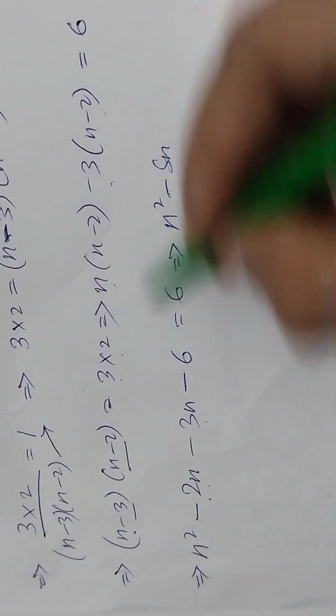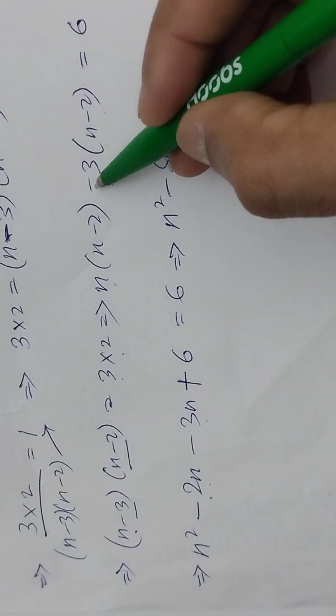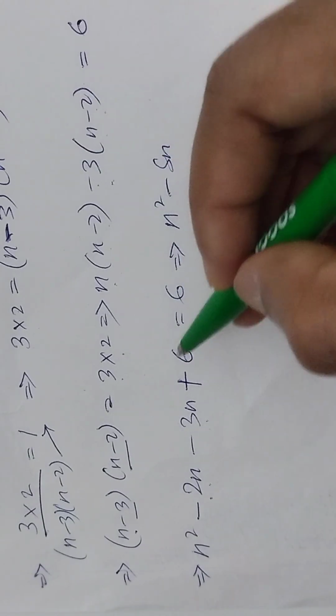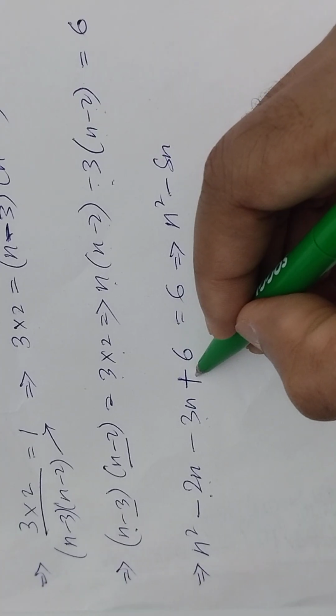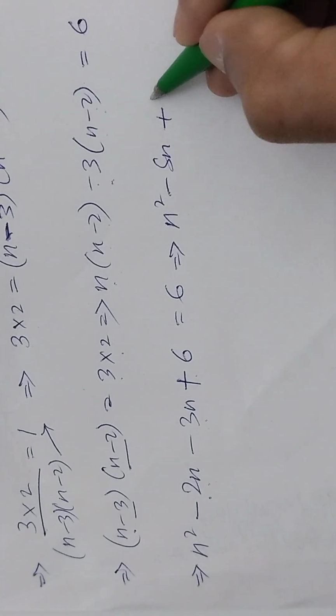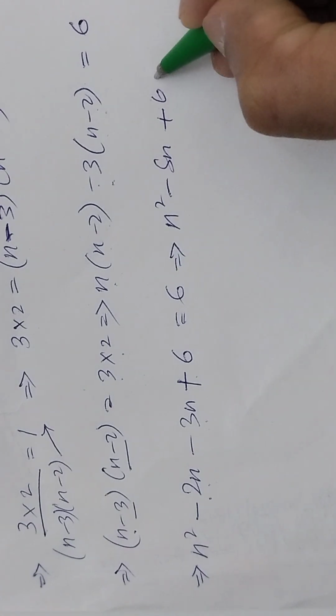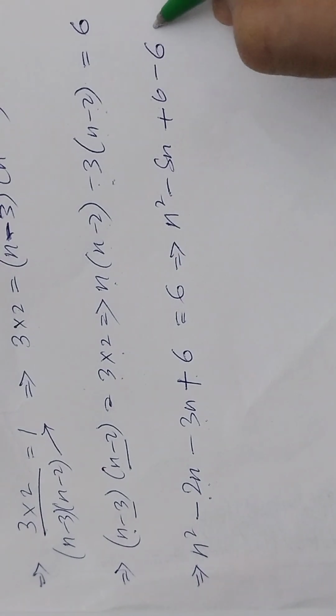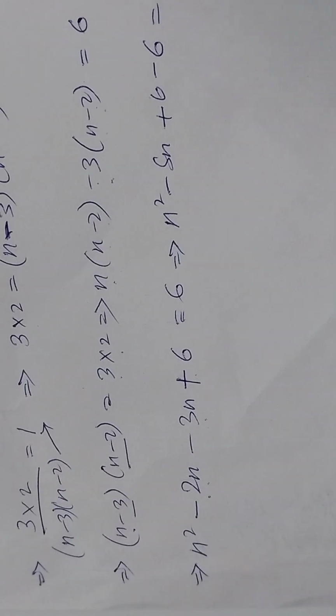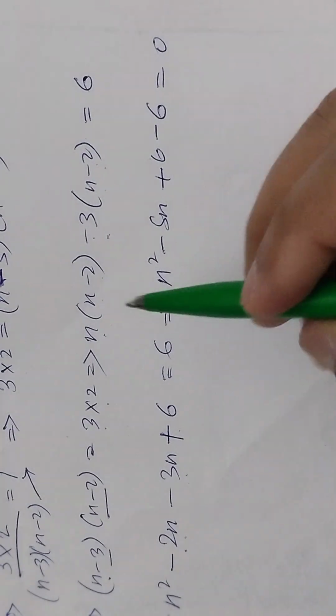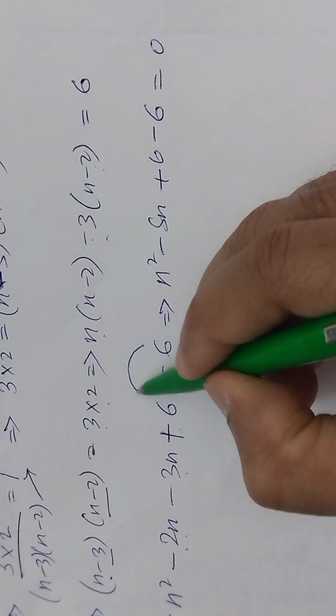So this should be plus 6: minus 3 into minus 2 is plus 6. On the equal to sign, on the other side there was 6, and I take this 6 to the other side.